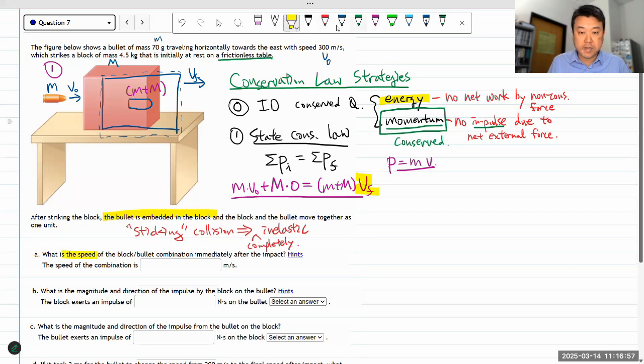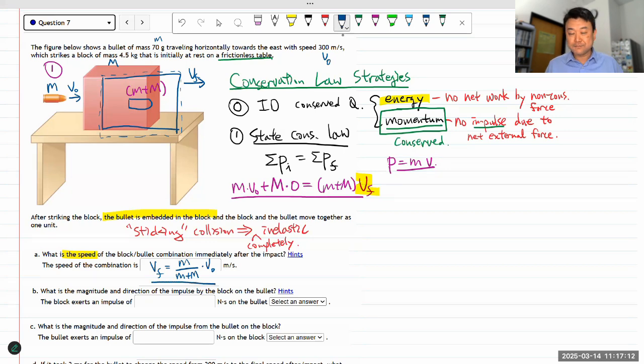Let me do that algebra in my head and write it down here. v final is equal to small m divided by the sum of the masses, times v naught. If you want to double check my algebra, pause the video, do it for yourself and make sure I didn't make a mistake.